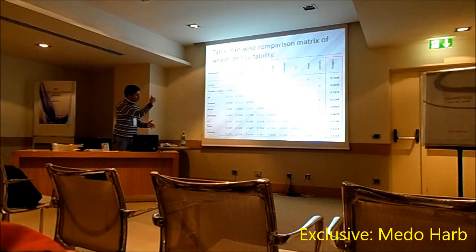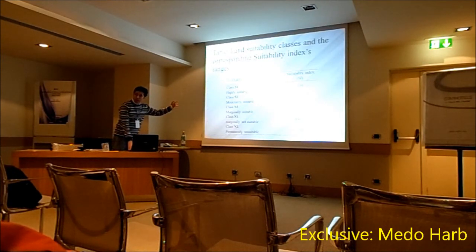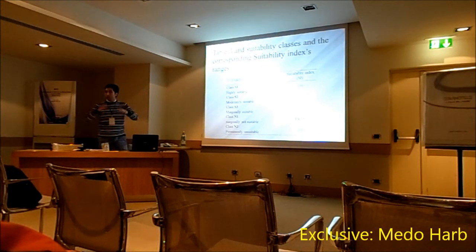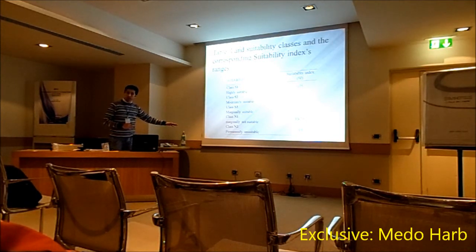Of course, each factor has a different weight, a different impact on this land use. And we will use these weights to assign the difference between different factors. And as we said before, there are 5 classes, starting from the highly suitable class, and finally we get to the unsuitable or permanently unsuitable class.